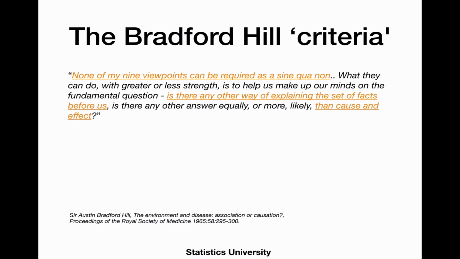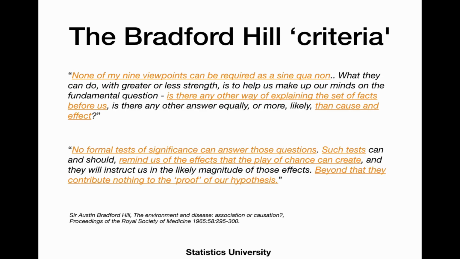What they can do with greater or less strength is to help us make up our minds on the fundamental question: is there any other way of explaining the set of facts before us? Is there any other answer equally or more likely than cause and effect? And actually, that's a very powerful question to ask yourself. And you should ask yourself that question in all etiological research.